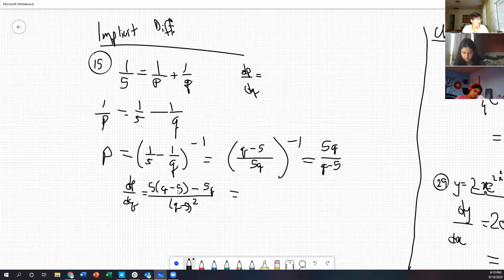On the top, we get 5q minus 25, minus 5q, over (q minus 5) squared. The 5q and minus 5q go away, and we get negative 25 over (q minus 5) squared.